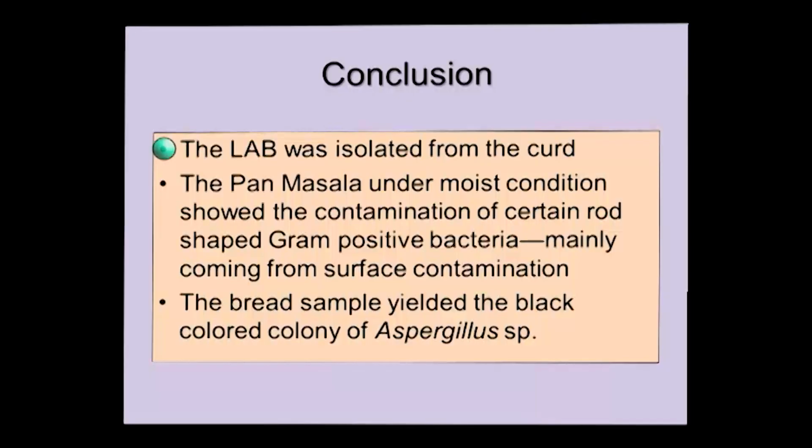So, from these three experiments, we have seen that curd is showing the growth of lactobacillus, which is endogenous in nature, whereas pan masala is contaminated with some airborne gram-positive bacteria, and finally, bread has been contaminated with the airborne spores of mold, which in this case was identified to be Aspergillus species.